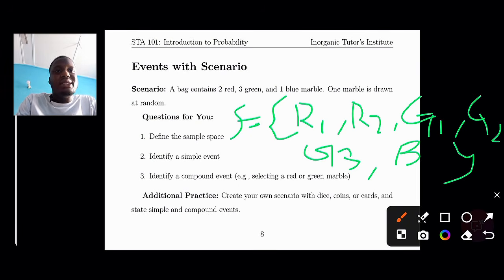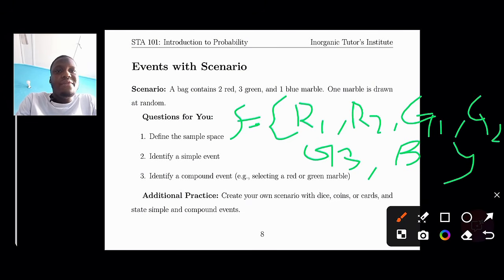Okay, good. So this is the sample space. The sample space is the set R1, R2, G1, G2, G3, and B. The second question here is, identify a simple event. Let's look at an event which has just one possible outcome.